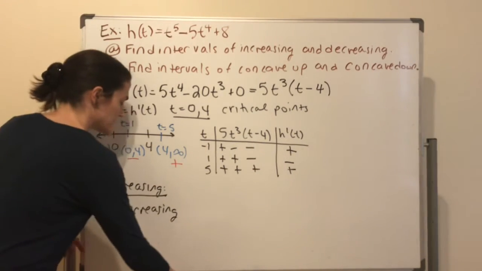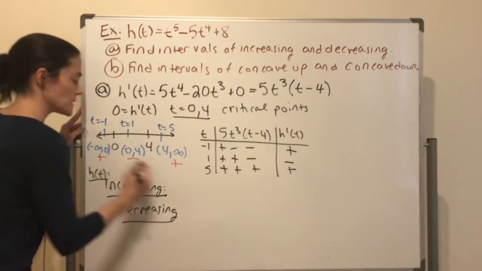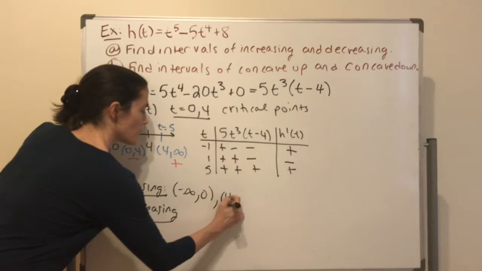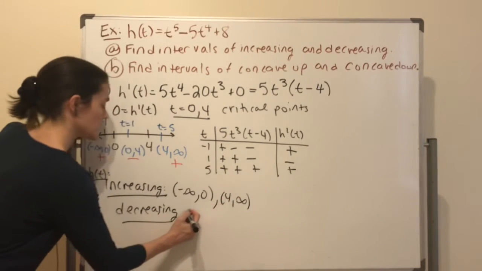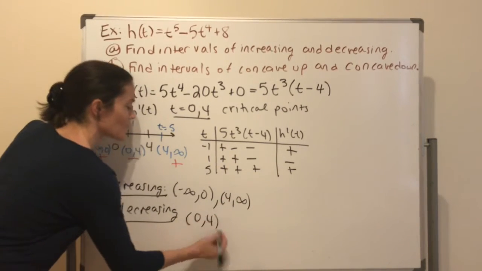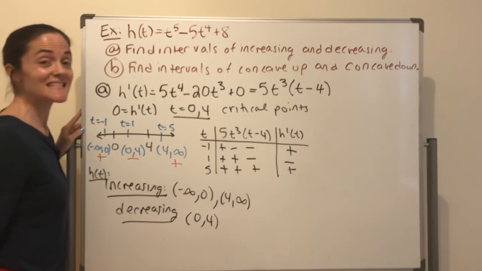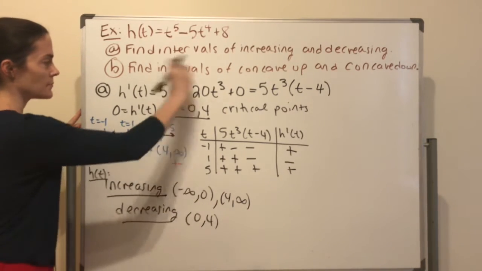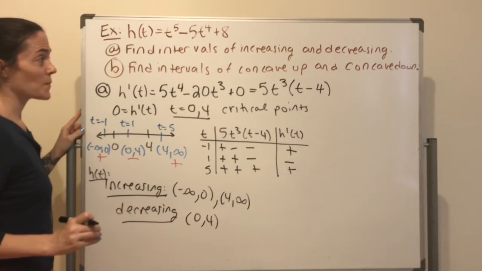So h of t, my original function, is increasing on minus infinity to 0 and 4 to infinity, and it's decreasing on 0 to 4. Okay, so this is part A, and what I will do is I will just recopy part of this, and then we will move on to part B.